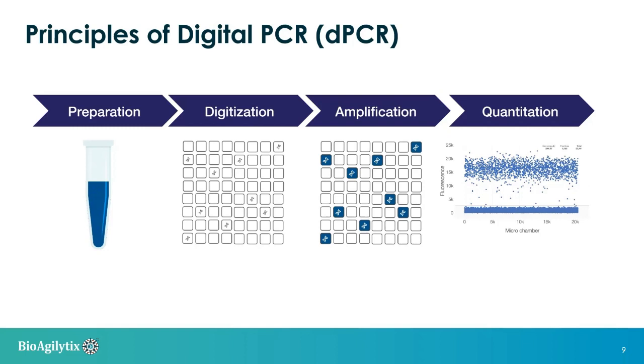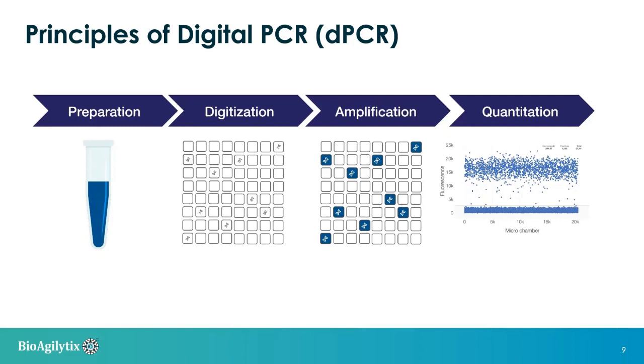And it goes through an amplification process similar to traditional qPCR, where you have that sample in the microchamber that's amplified over multiple cycles, and that microchamber is going to contain either 0 or 1 copy of that target, or multiple copies of that target.